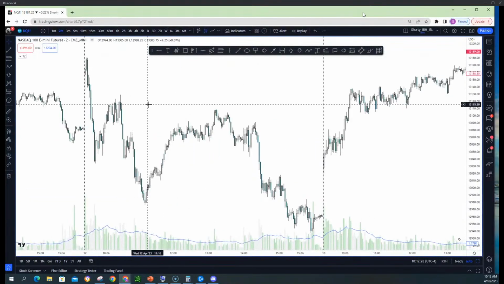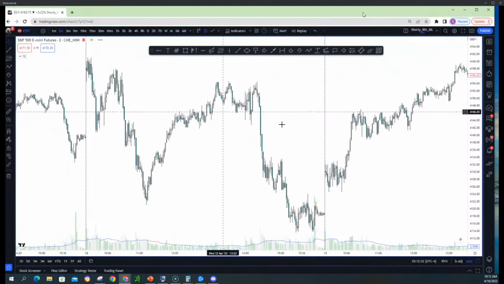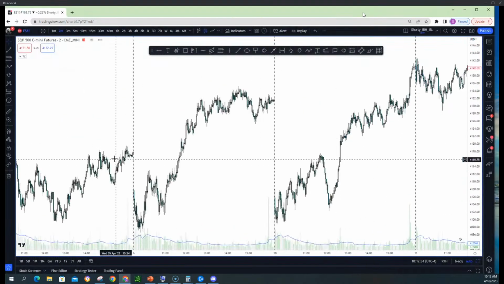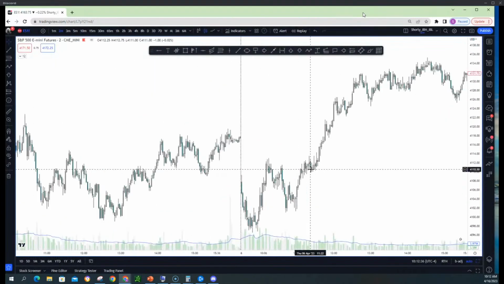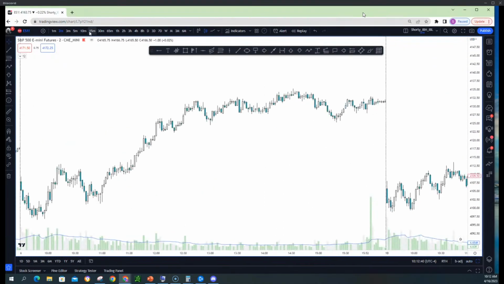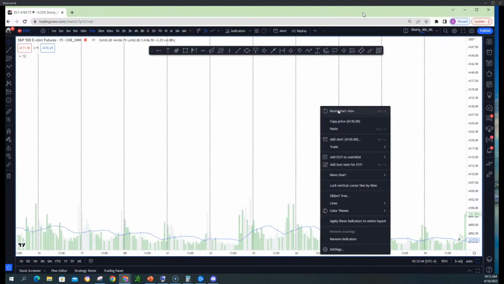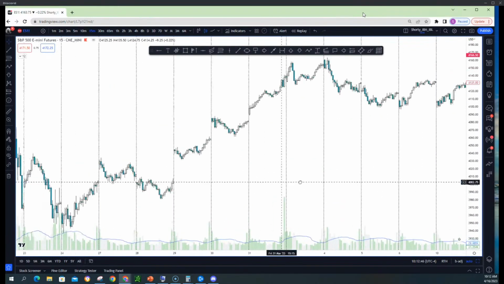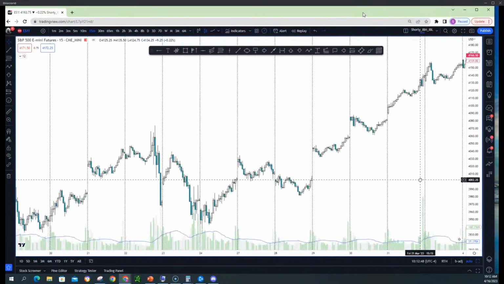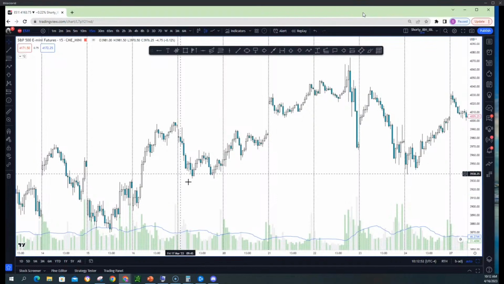Okay, so let me go back on ES. I don't know how to go back in time, but let's find a day where there's some volatility. So here's volatility on this. Let me find that day again. There's none here.